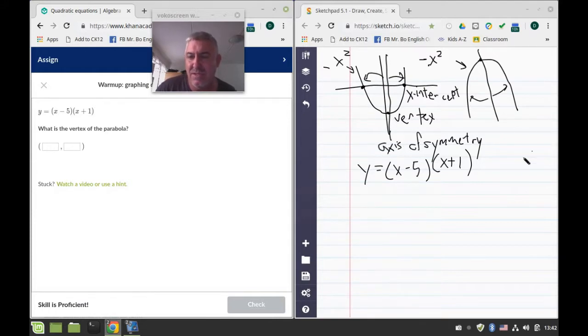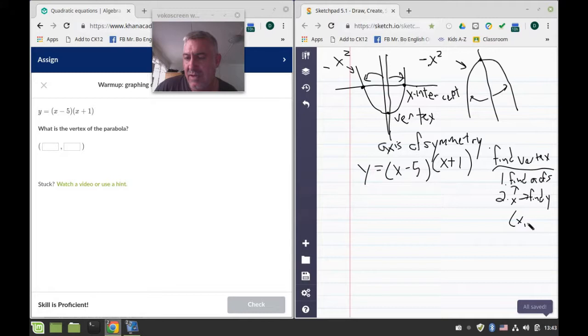So we've got two steps. Step number one is find the axis of symmetry, and number two is use that x value to find y, and then we'll have our x, y coordinate of the vertex.